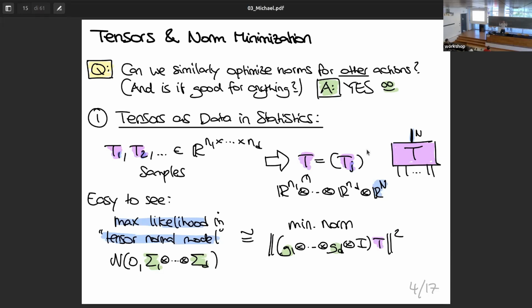You want to find the most likely covariance matrices. It turns out that after some manipulations, and up to some slight lie, that's exactly equivalent to minimizing the norm of this tensor tuple with respect to this action, not acting on the multiplicity, the sample index. So it's (g1, ..., gd) times identity. You don't do anything here.